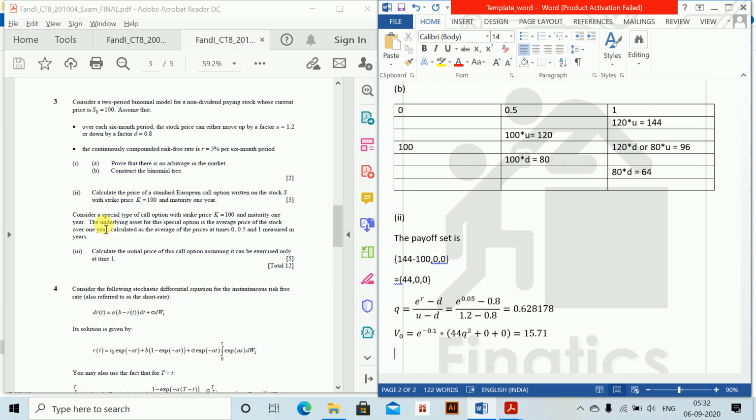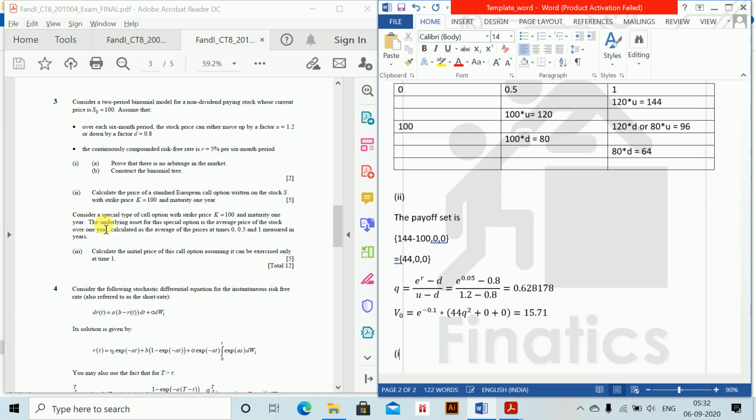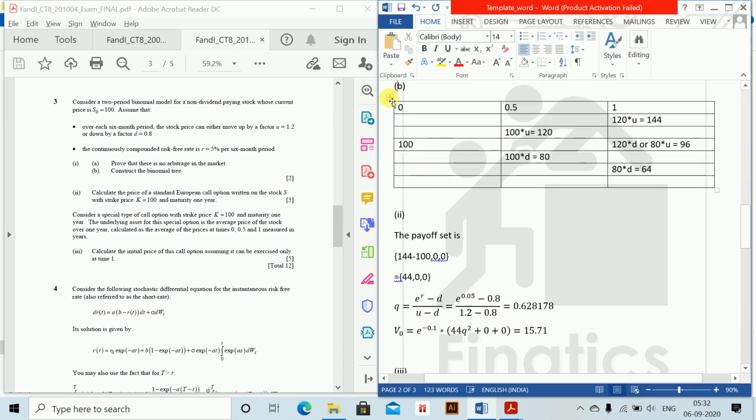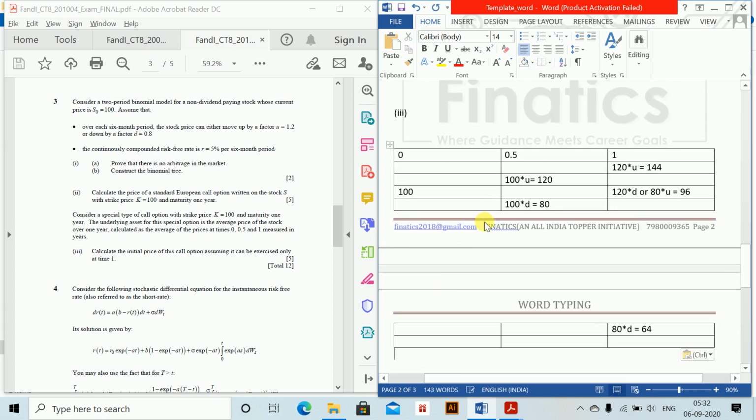So let's make this binomial tree again. So part 3, going up, I'll copy this table from 100 to this u.